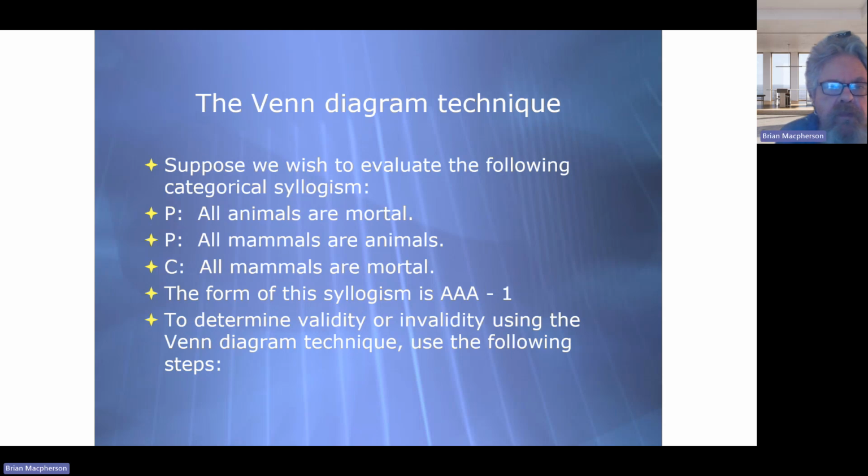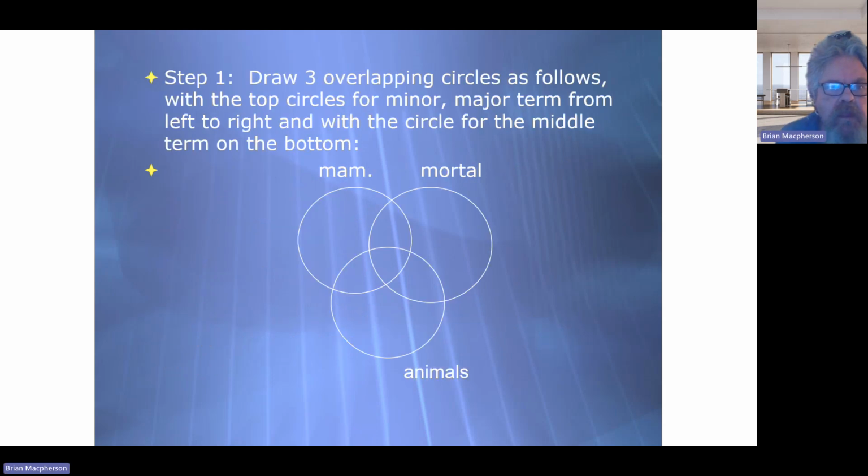So here are the steps for evaluating this syllogism, AAA-1, using the Venn diagram technique. First of all, step one, draw three overlapping circles and label each circle for one particular class. The syllogism contains three terms: mammals, mortal, and animals.